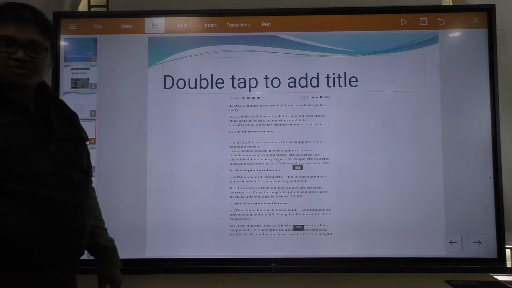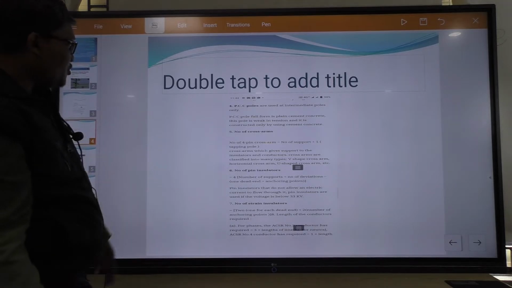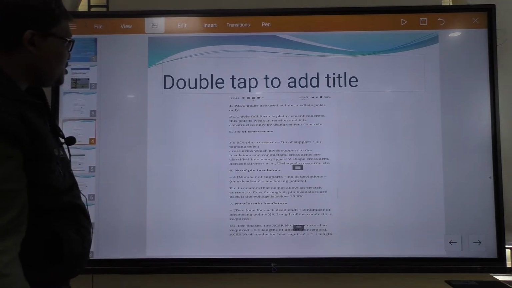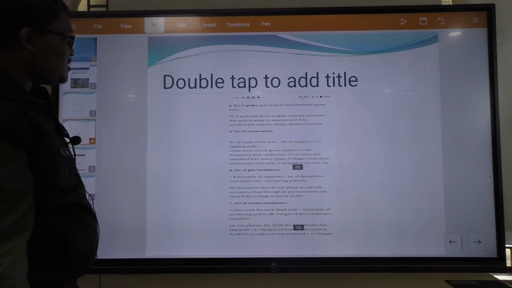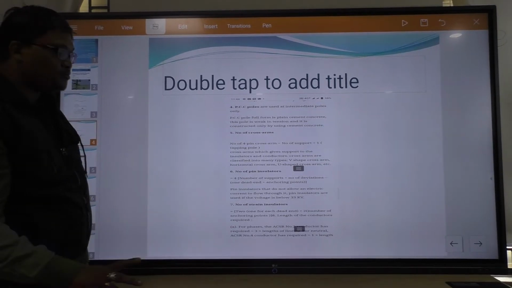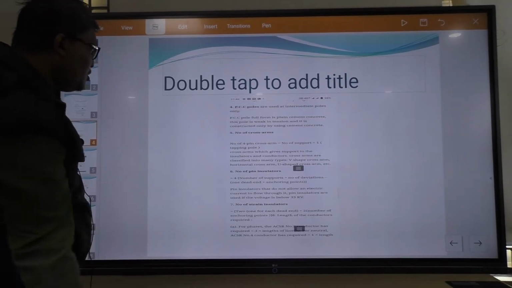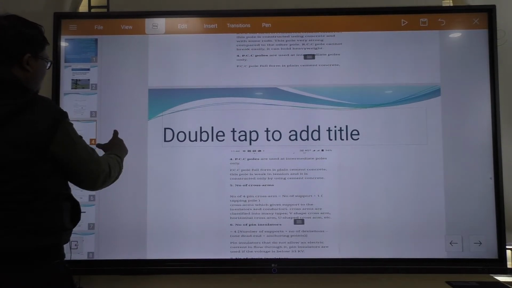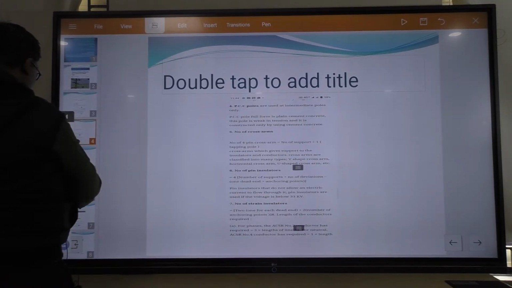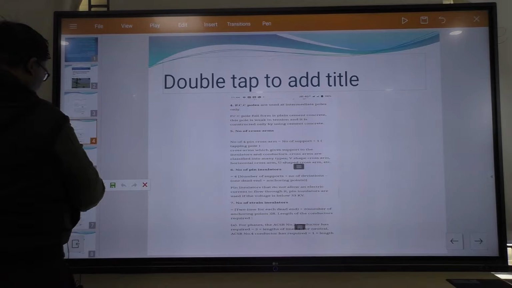Next, number of cross arms. The number of 4 pin cross arms will be the number of supports for one tapping pole. This is known as a cross arm.